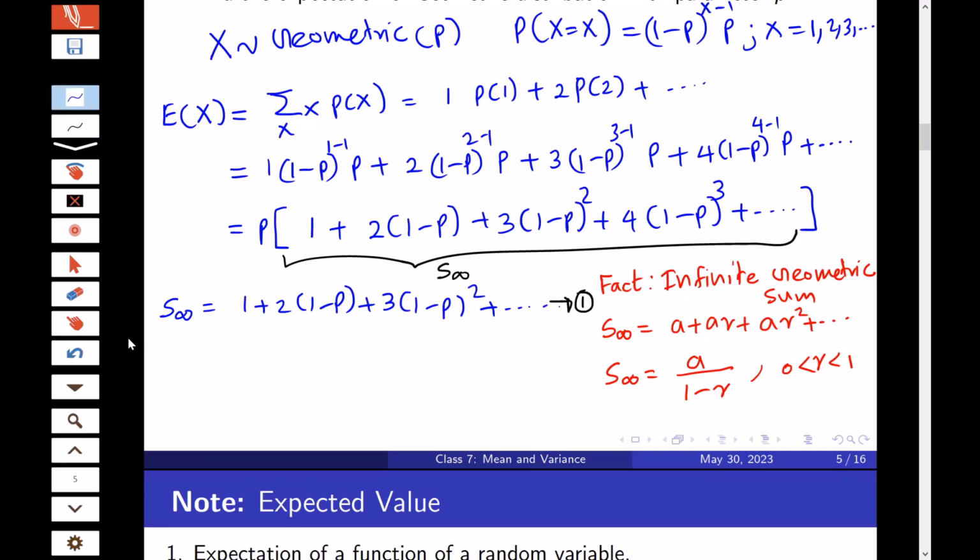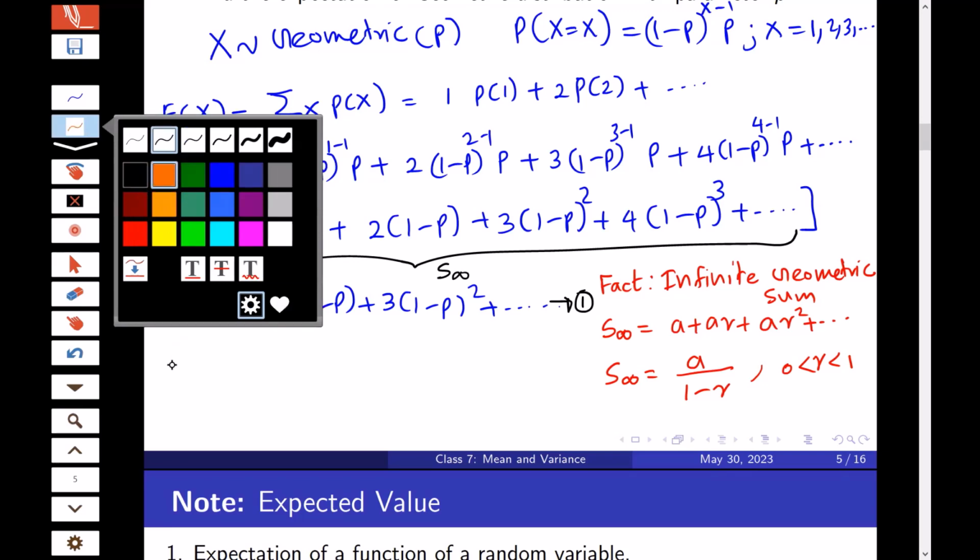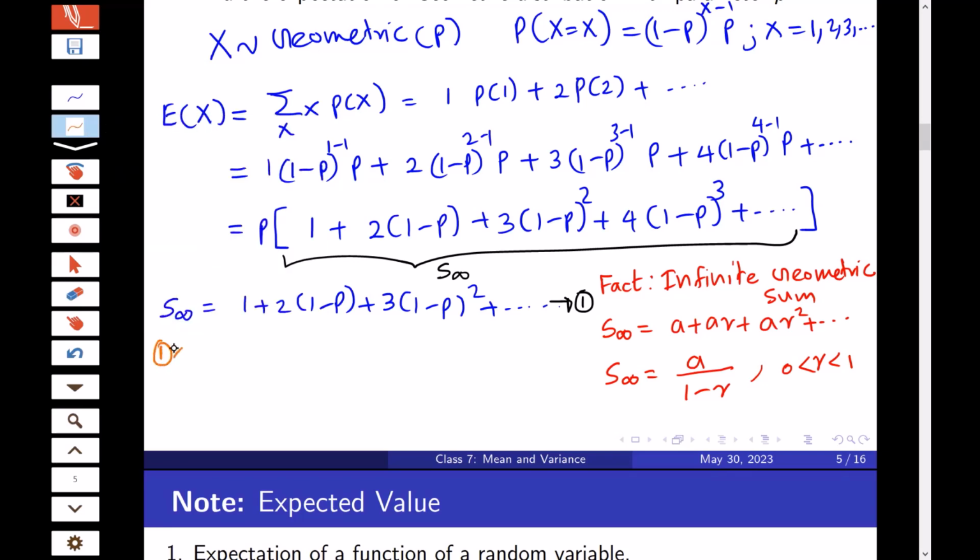Take the first equation and multiply by 1 minus p.